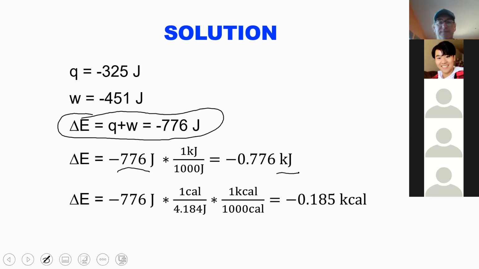We know that a kilojoule is 1,000 joules. A kilo of anything is 1,000 of that thing, so the kilojoule is larger than the joule by a factor of 1,000. Here's how we do our conversion. And if we wanted to change joules to calories, you just do this conversion here.